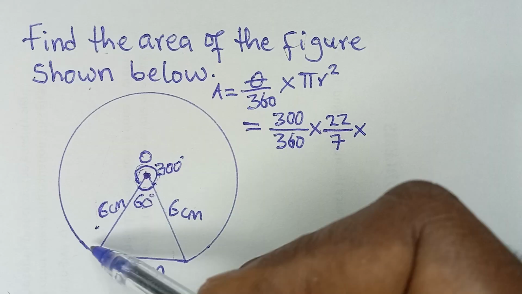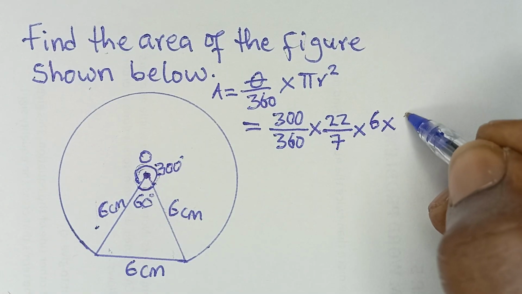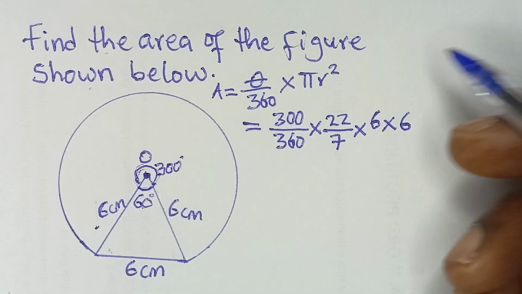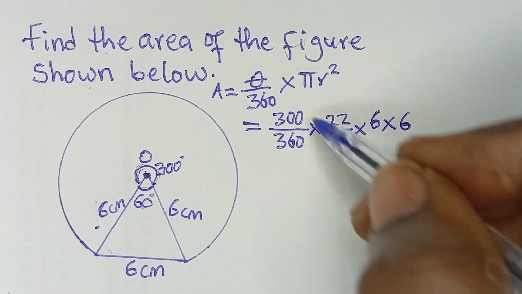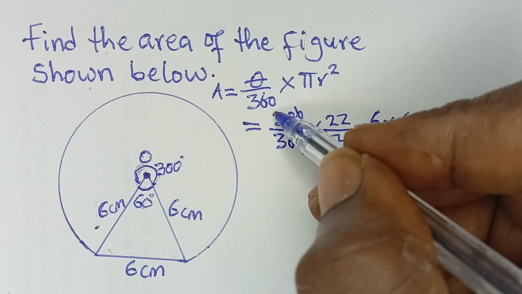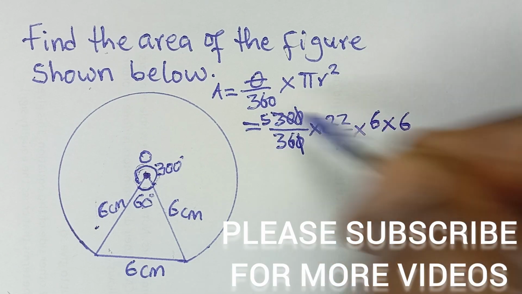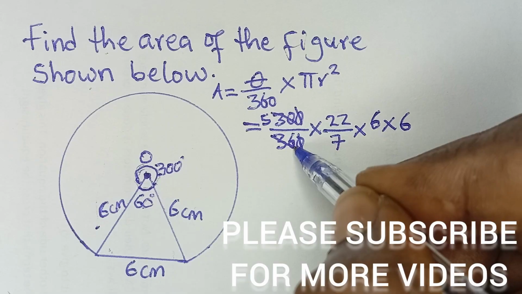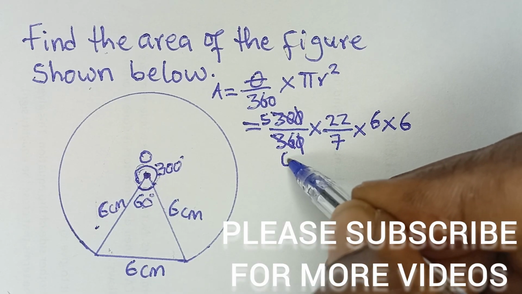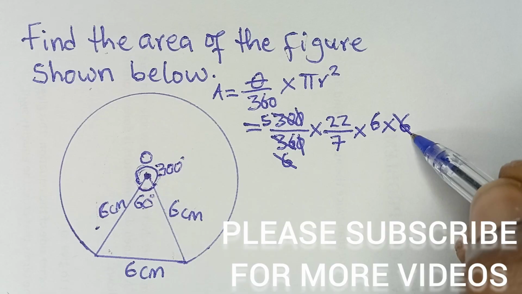The radius is 6 centimeters, so I square 6, which is 6 multiplied by 6. Now if we simplify, 0 can cancel 0 here. 6 in 30 gives me 5, and 6 in 36 gives me 6, and then this 6 can cancel the 6 here.